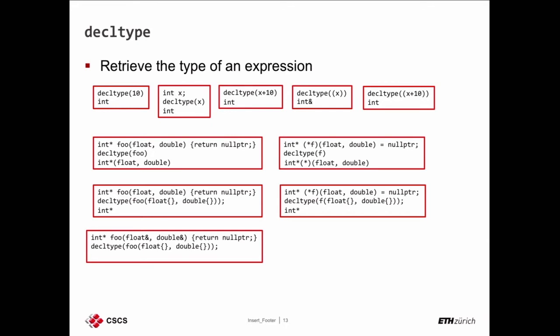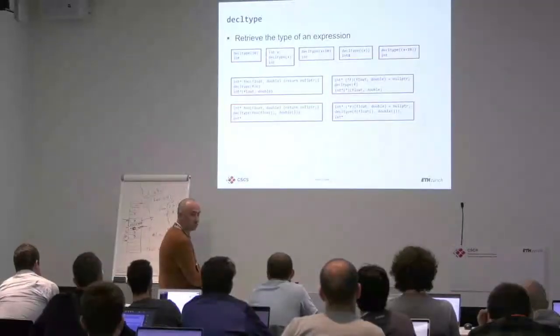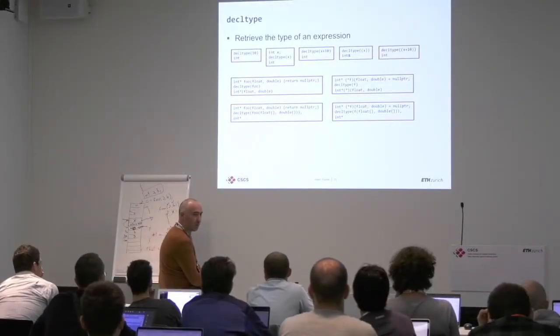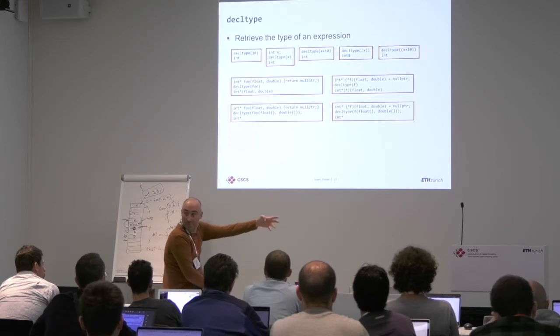In the previous example with the function pointer, can you call the function pointer without any additional star? Pretty sure. Yeah, you can use the function pointer to call a function as a normal function.